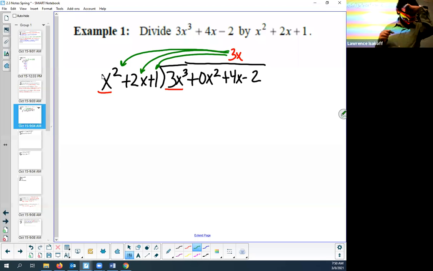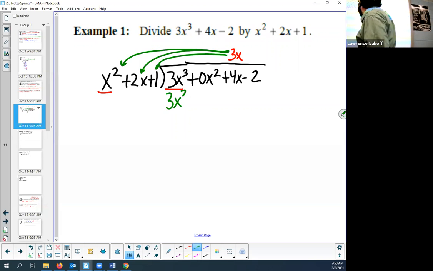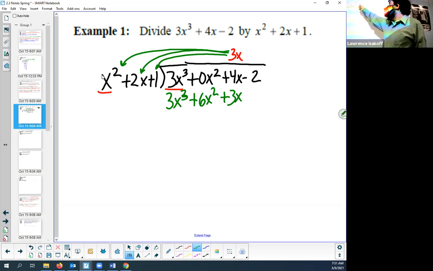The convenient part is, because now we put the 0 placeholder, all our like terms will line up perfectly. 3x times x squared gives me 3x cubed. 3x times 2x will give me a plus 6x squared. 3x times 1 gives plus 3x. X cubes line up, x squareds line up, x's line up.